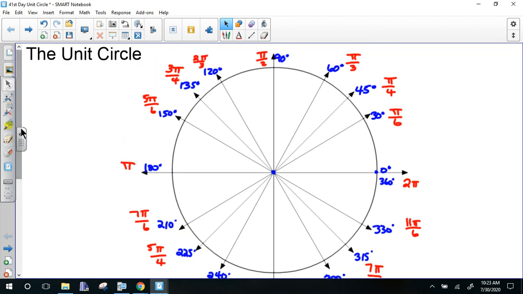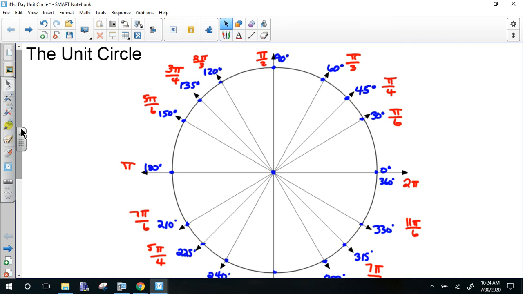Okay. Now, since the unit circle is on a coordinate plane, each one of these points has a coordinate x and y value. And what I tell my students is if you can remember the ones that are in quadrant 1, they just repeat.